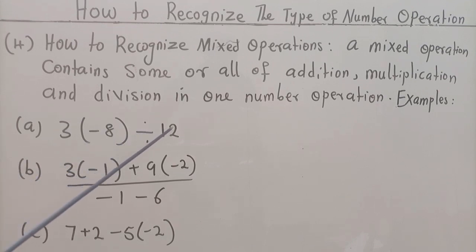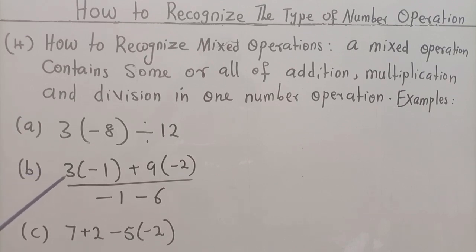And then what follows is division, which means get the result of this 3 times minus 8. When you get it, divide it by 12. Whatever you get is the answer. That means that in this operation, multiplication and division are to be carried out.